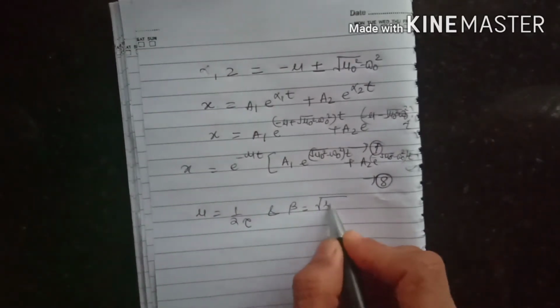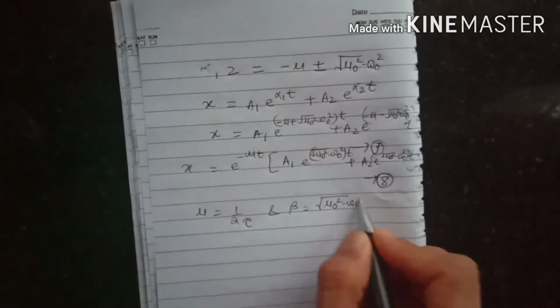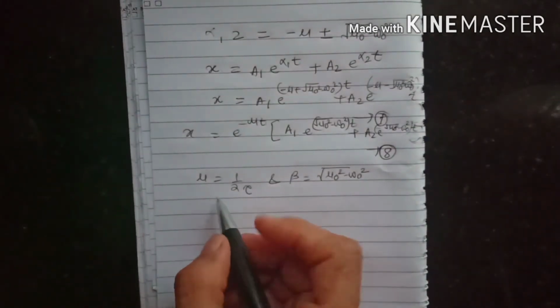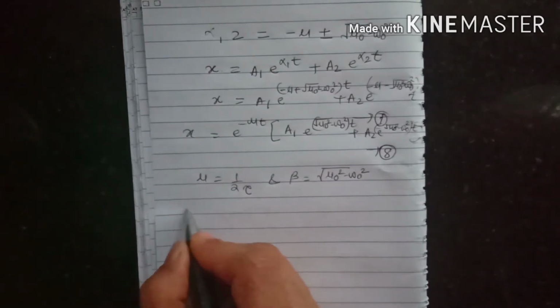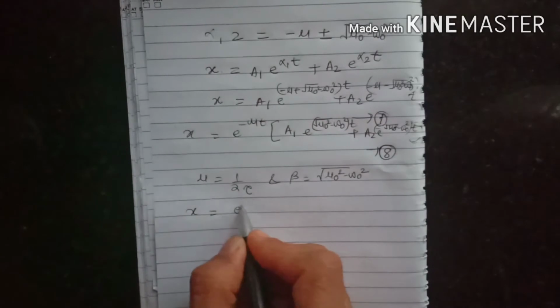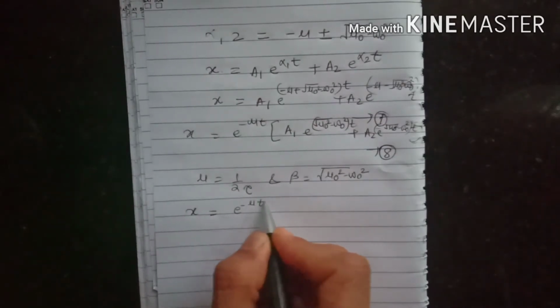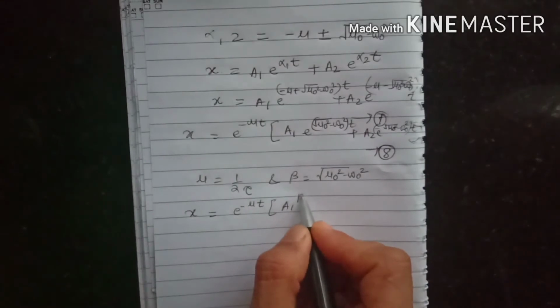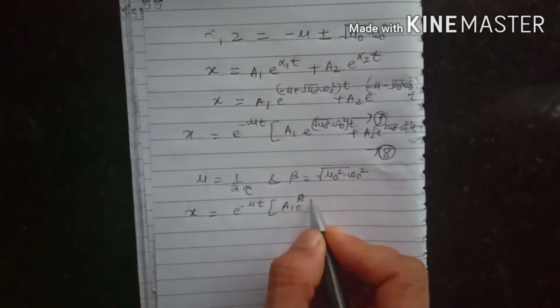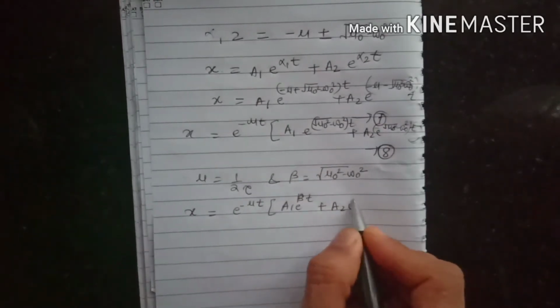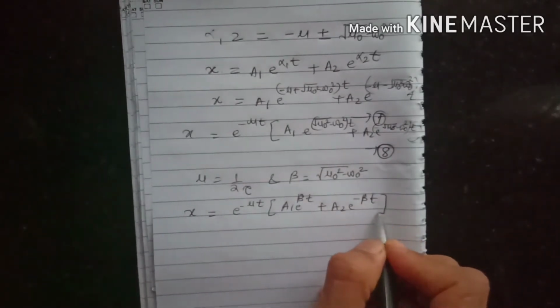Now we will assume mu is equal to 1 upon twice tau and beta is equal to root of mu squared minus omega 0 squared. Therefore x = e^(-mu t) [a1 e^(beta t) + a2 e^(-beta t)].